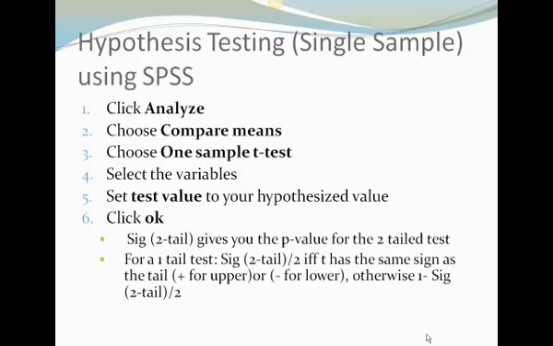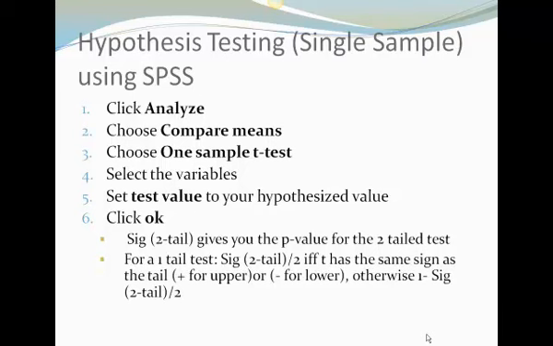If, however, you were doing a one-tailed test, then you have to be a little bit more concerned. You have to convert that two-tailed into a one-tailed. So I have it written out here. For the one-tailed test, significance two-tail is a p-value divided by 2 if t has the same sign as the tail that you're looking at. So if you want to do an upper tail test and your t is positive, then just take the p-value and divide it by 2.